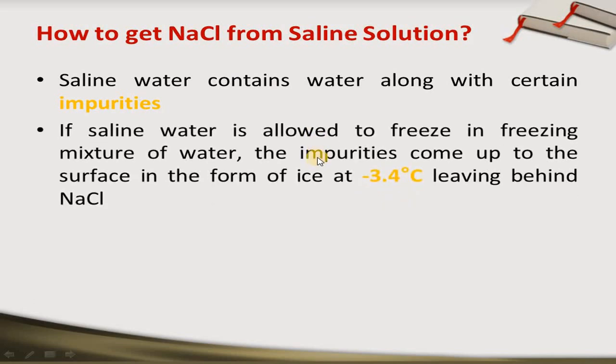So, how can we obtain sodium chloride from saline solution? If saline solution is allowed to freeze in a freezing mixture of water, the impurities come up to the surface in the form of ice at minus 3.4 degrees Celsius, leaving behind the sodium chloride.